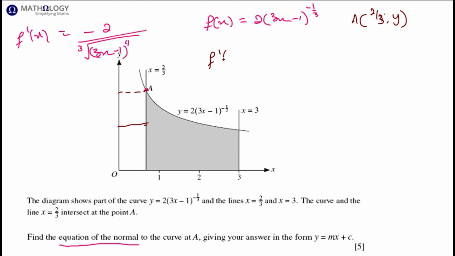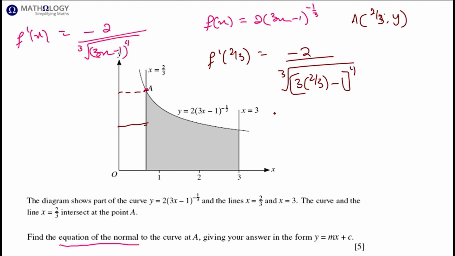So f prime 2/3 is minus 2 over the cube root of (3 times 2/3 minus 1) to the power of 4. So it's minus 2 over the cube root of, 3 times 2/3 is 2, 2 minus 1 is 1, 1 to the power of 4 is 1. So we have minus 2 over the cube root of 1, which is just going to be minus 2.